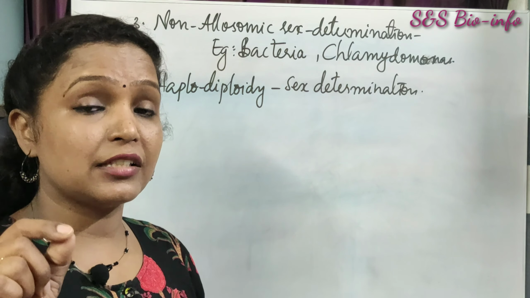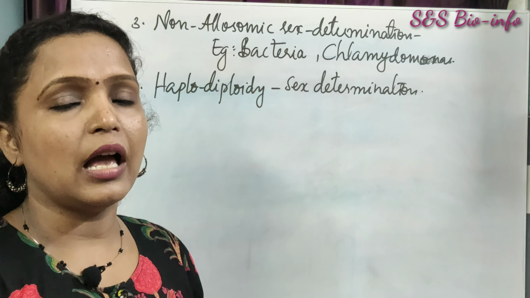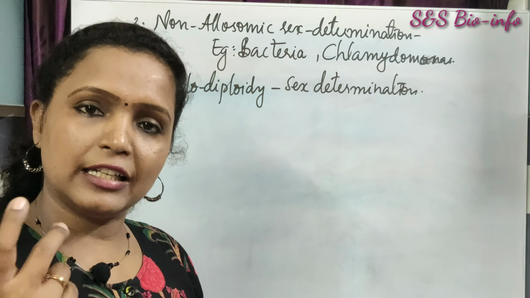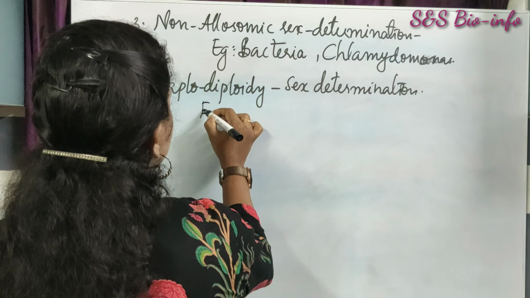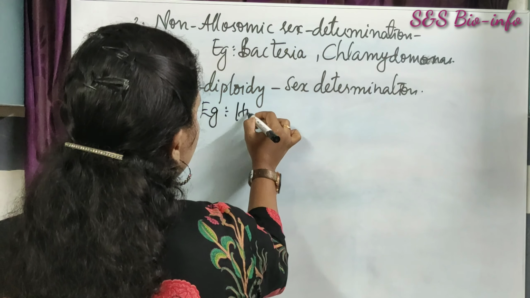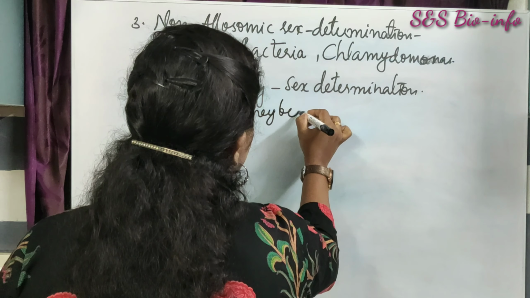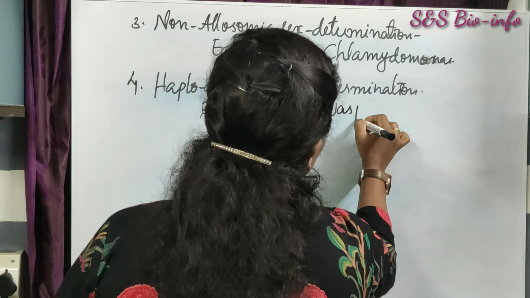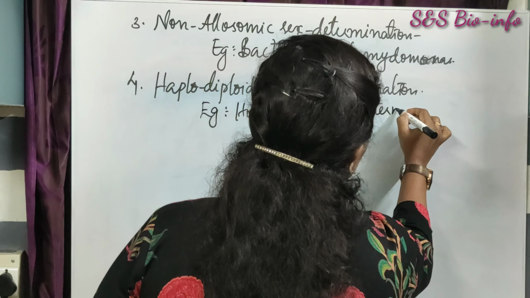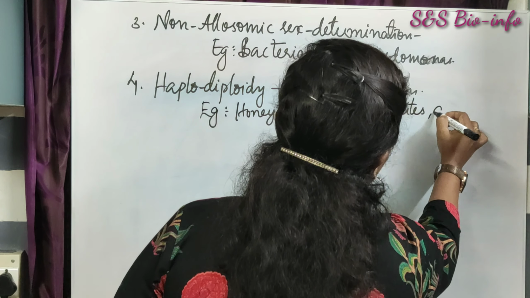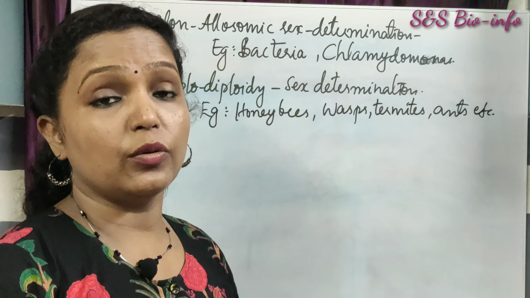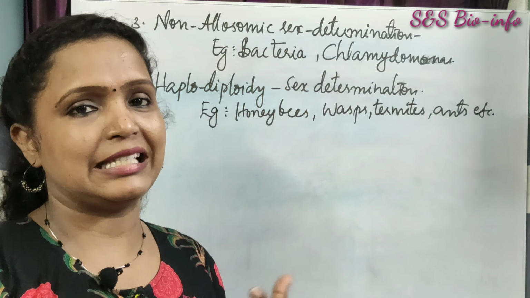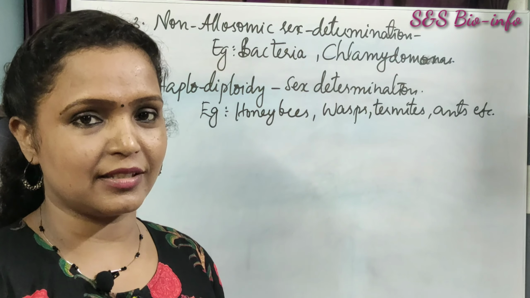This type of sex determination is found in ants, wasps, termites, even in honeybees. Example, honeybees, wasps, termites, ants, etc.